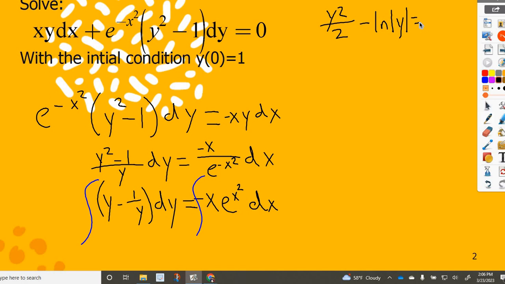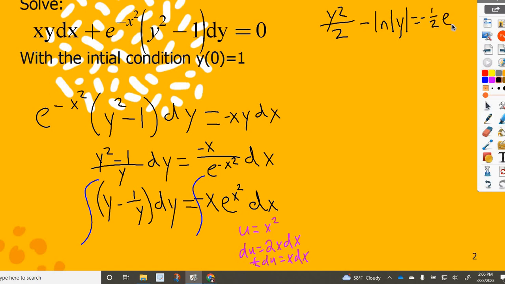Now, what are we going to have to do in order to integrate my right side? U substitution. Okay, what do we want to let our u be? x squared. Which means that our du is 2x dx. So we have to divide by 2, so we end up with a negative 1/2 out in the front.